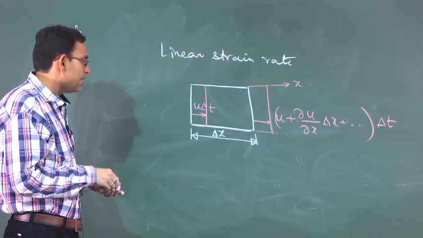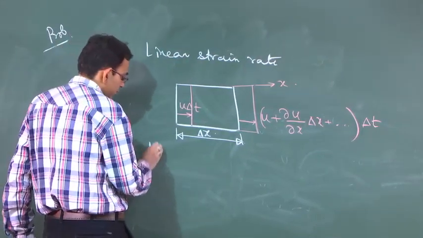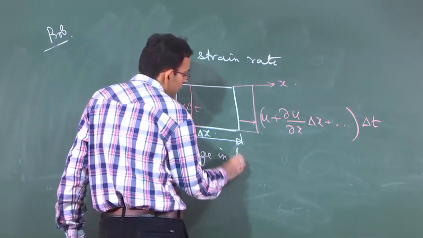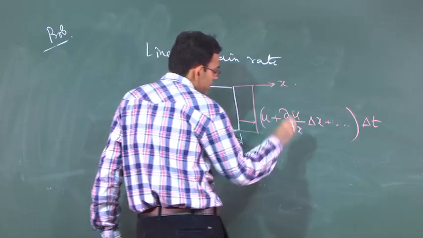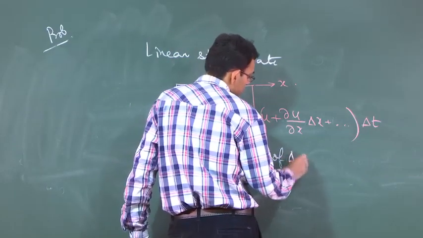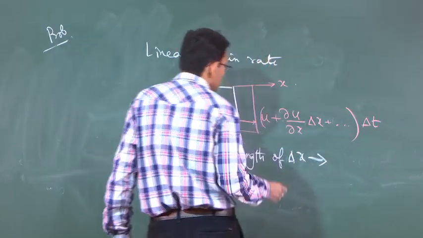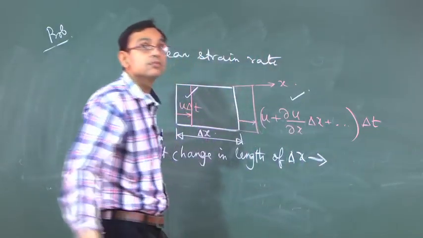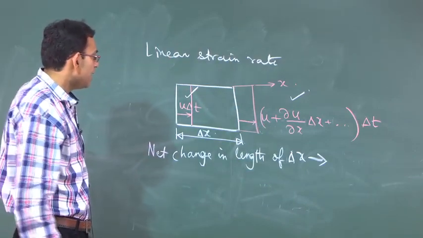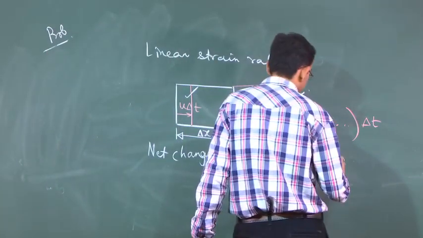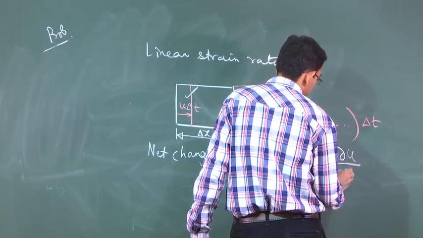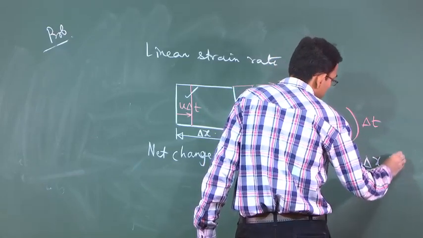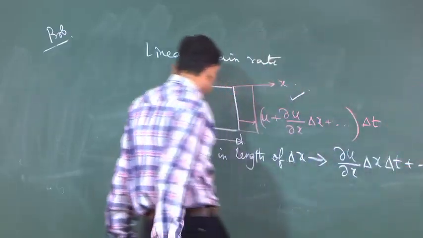So the net change in length of delta x is the difference between these two. This is the difference between this and this. So what is that? Plus higher order terms.